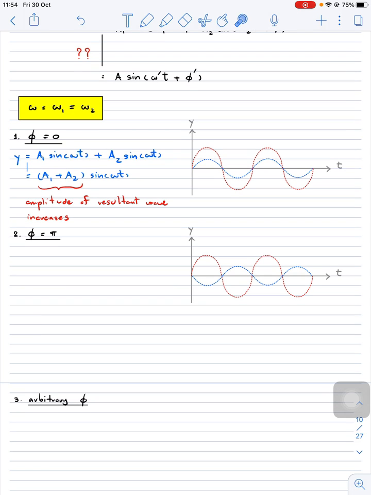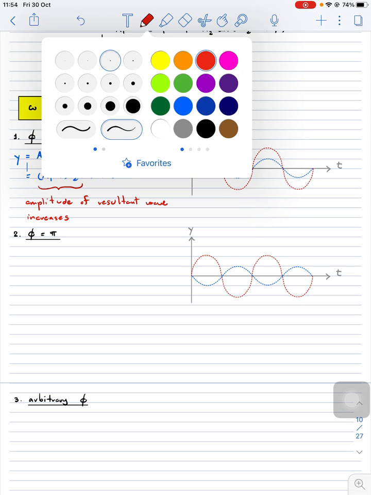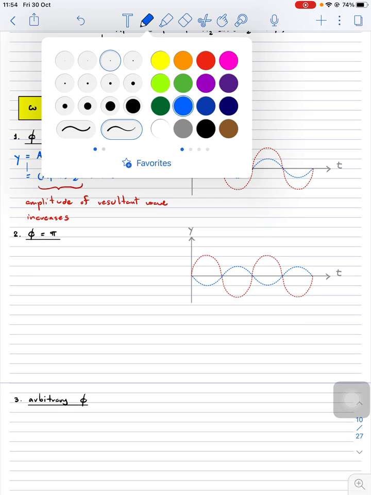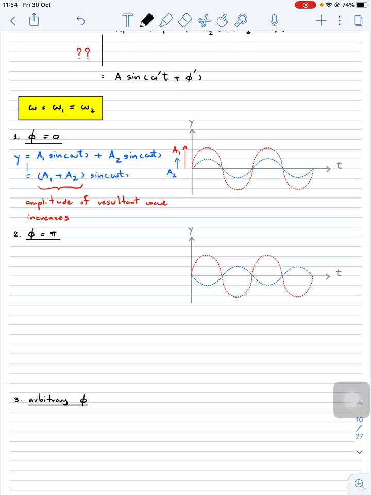Now, let's consider this picture. Let's say initially I have the wave A1, let's make A1 the red one, and then I have A2, the amplitude of the second wave. Now we just want to combine these waves together.